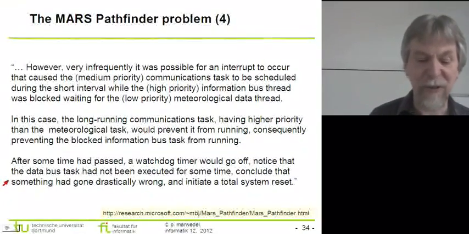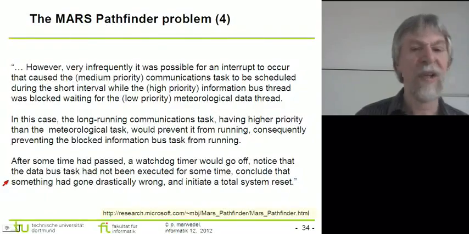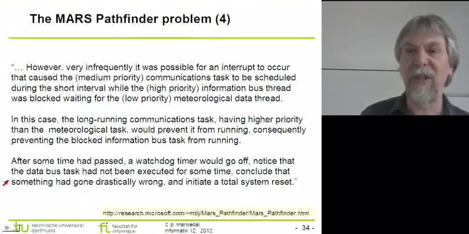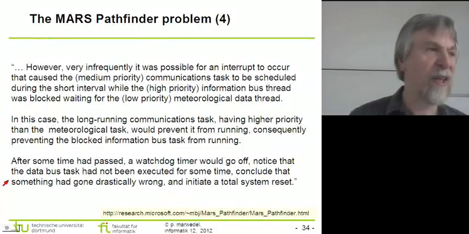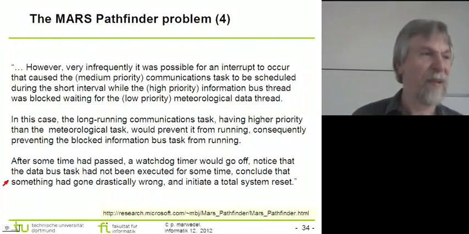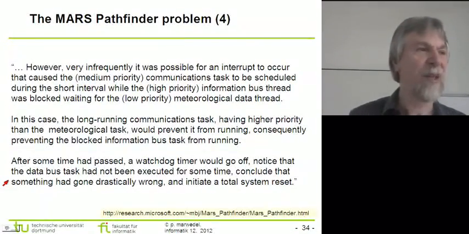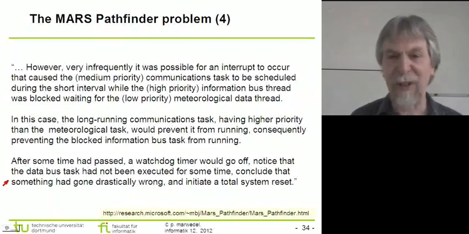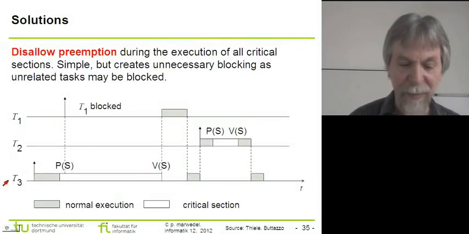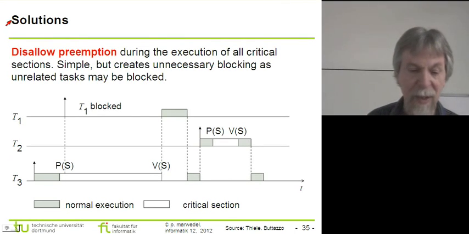So there was this timer that started, that went off, realized that a task that was supposed to run at a certain interval was not running, and then the whole system was reset and the data was lost. So this demonstrates that this is not some academic example in the negative sense, but that this actually happens in practice. Now, how can we cope with this situation?